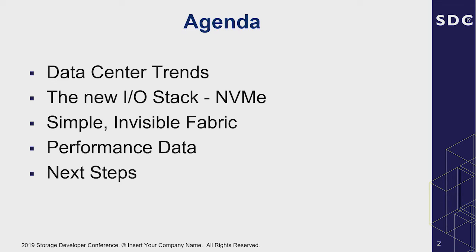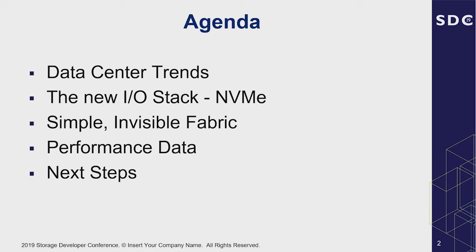With that, the agenda I have in mind today is to talk about trends a little bit, and then go into what this new I/O stack looks like in the next generation data center, especially around NVMe and NVMe-oF fabrics. Then the concept I'm calling a simple invisible fabric, and I'll go into more depth on that.